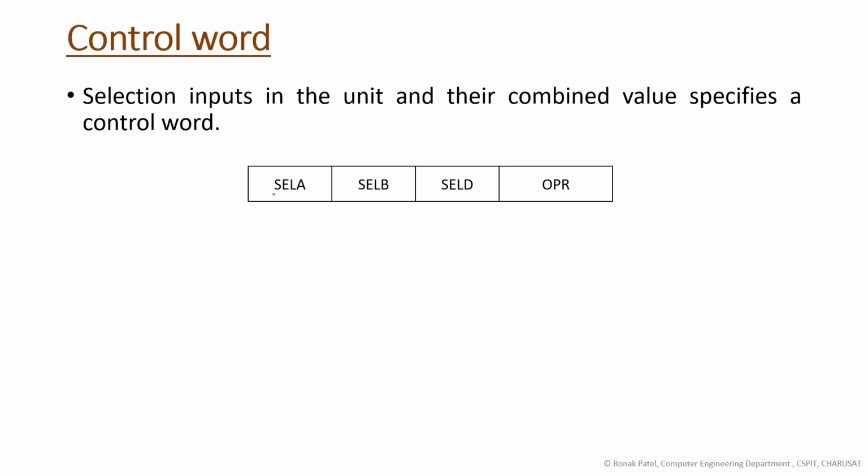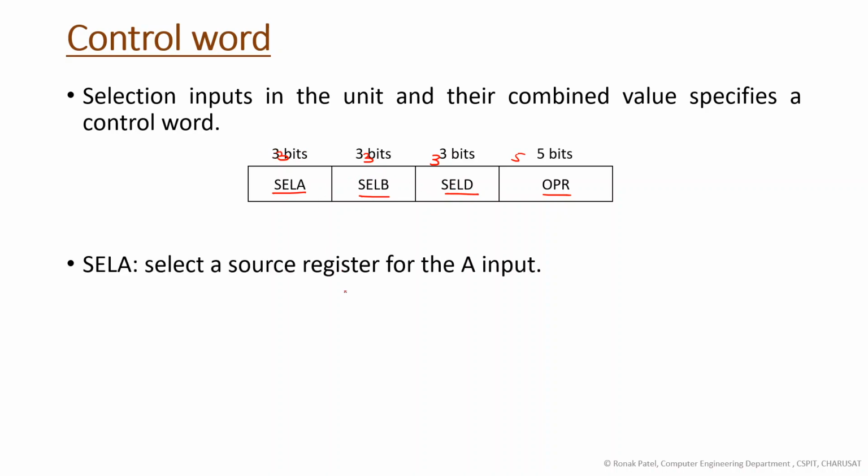So we have seen select A to pass the value in bus A, select B to pass the value in bus B, select D to pass the value to the destination, and OPR. This is 3 bits, 3 bits, 3 bits and 5 bits. So this forms a 14 bits control word, right?